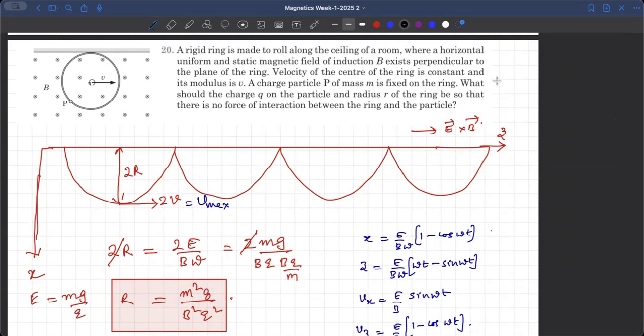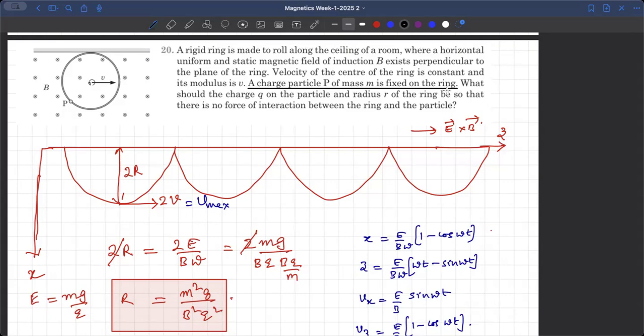The velocity of the center of the ring is constant and its modulus is V. Charged particle P of mass M is fixed on the ring. What should be the charge Q on the particle and radius R of the ring be so that there is no force of interaction between the ring and the particle?